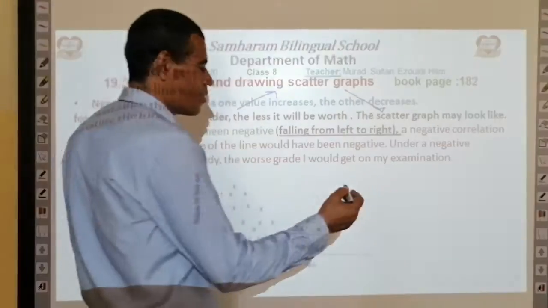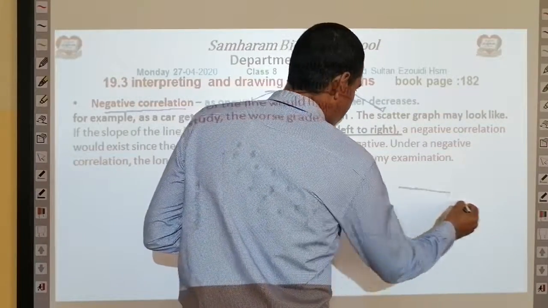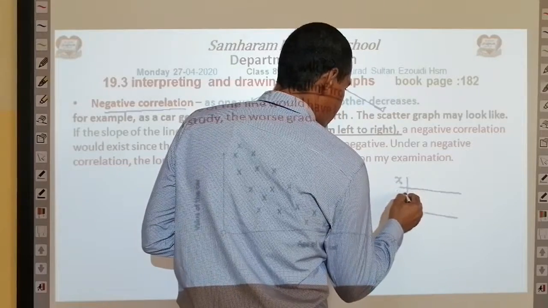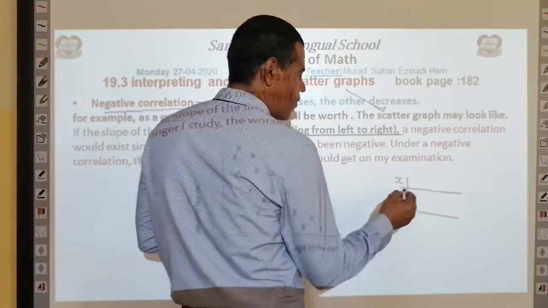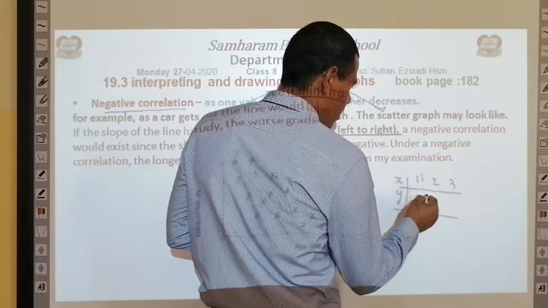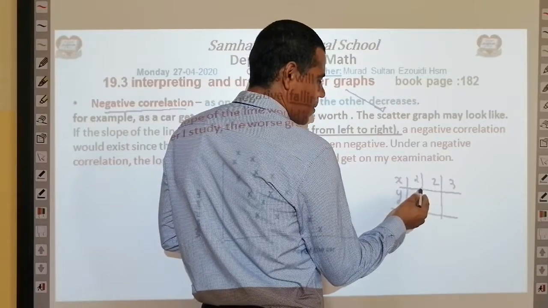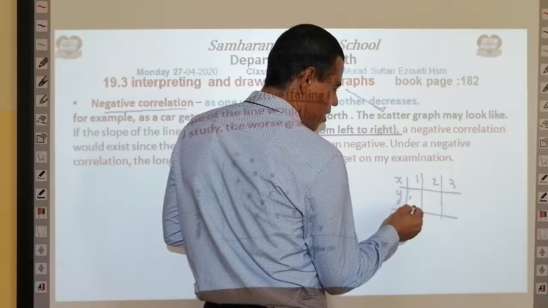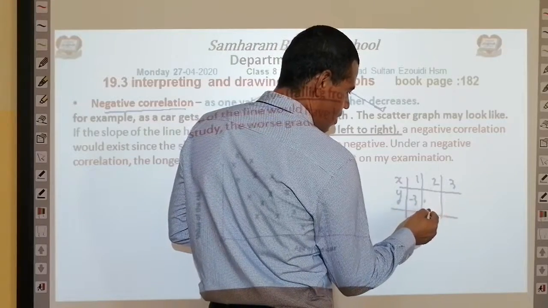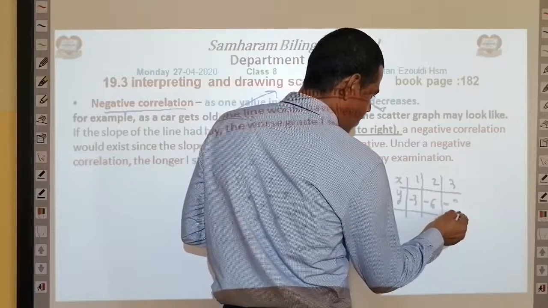I will give an example. Okay, this is x, this is 1, 2, 3. For example, when x equals 1, y equals negative 3. When x equals 2, y equals negative 6. When x equals 3, y equals negative 9.